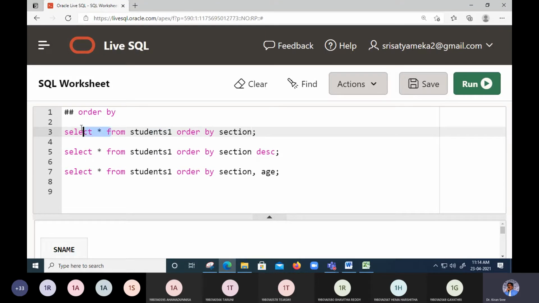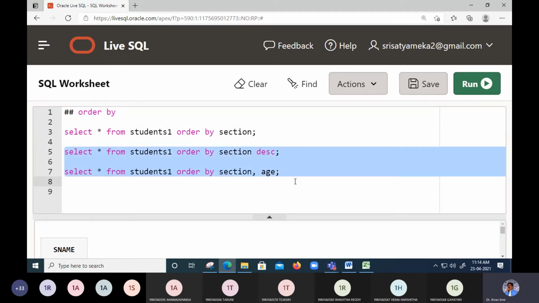So now I am selecting this command. Mouse is not, okay, no problem.